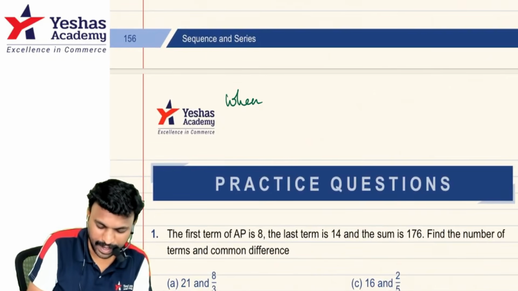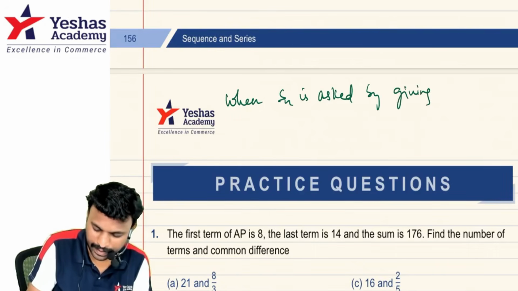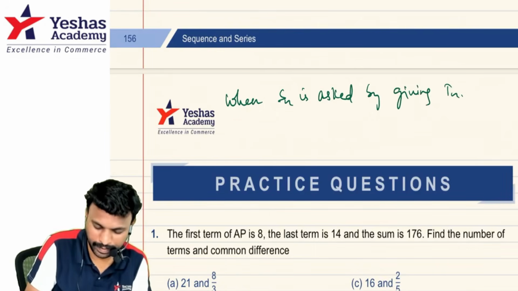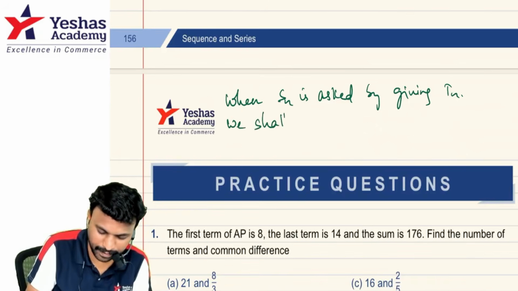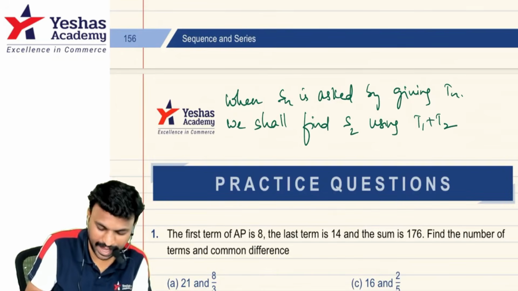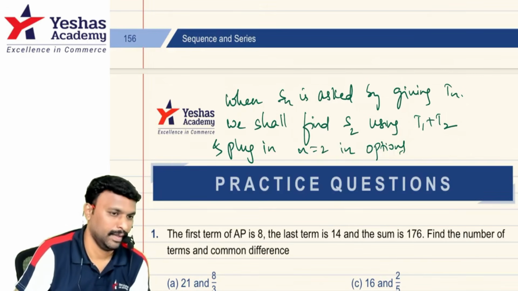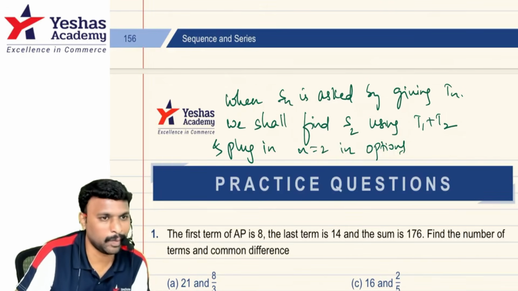When Sn is asked by giving Tn, what we do? We shall find S2 using T1 plus T2 and plug in n is equal to 2 in options. So whichever option coincides, that's the answer.